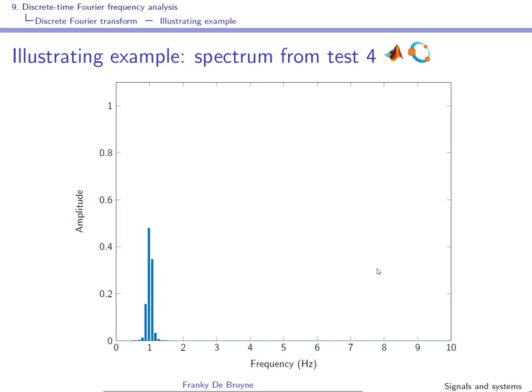So the conclusion is, if you're working with a periodic signal, you should do the sampling in a correct way. This means that 1 period of the signal should correspond to an integer number of times the sampling period.